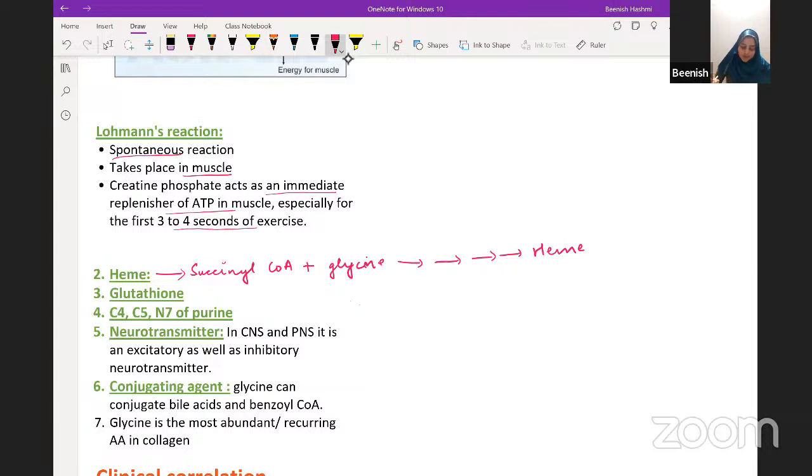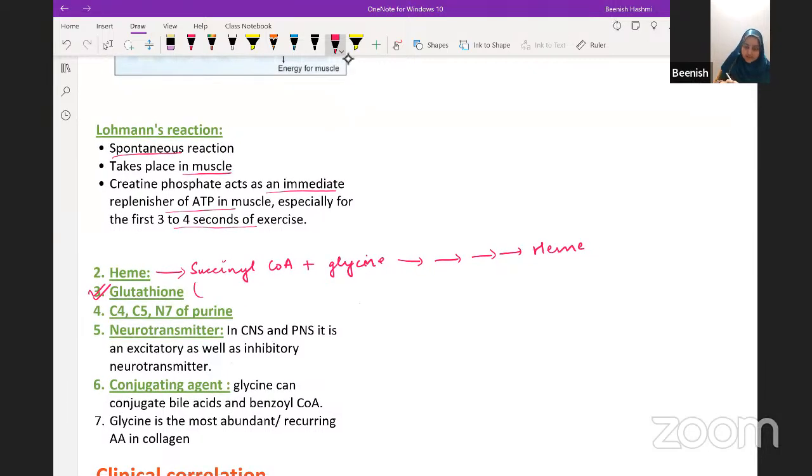Then glutathione, we'll talk about this in great detail, how it is involved as an antioxidant and in free radical scavenging, and it is a sulfur containing compound. Then C4, C5, and N7 of purine. Then neurotransmitter, that is in the CNS and PNS, where it acts as an excitatory as well as inhibitory neurotransmitter.